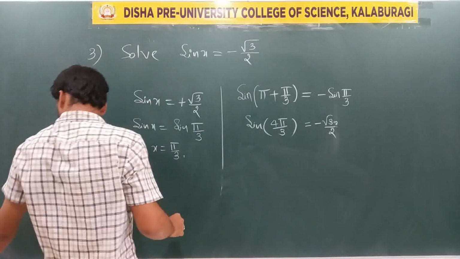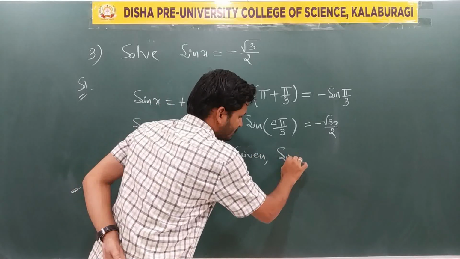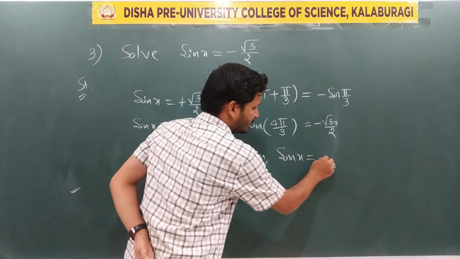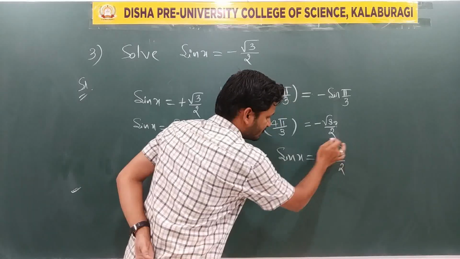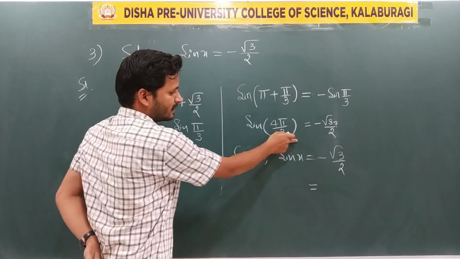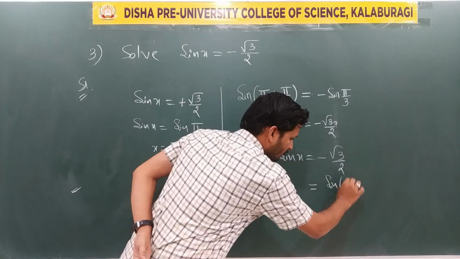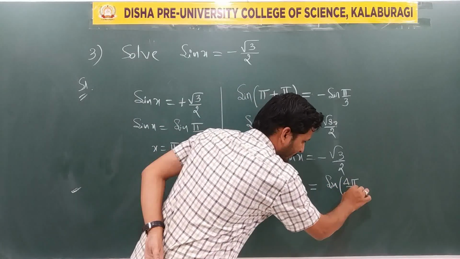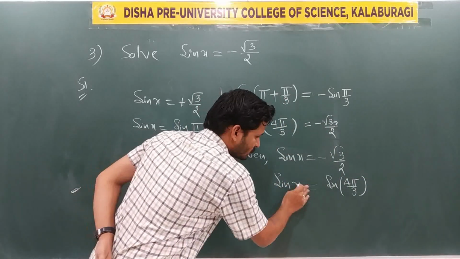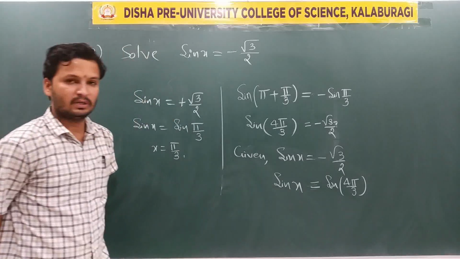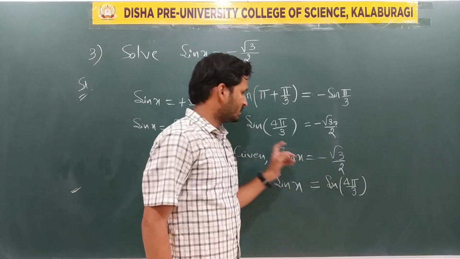So the given equation, sin x equals minus root 3 by 2, can be written by replacing minus root 3 by 2 with sin of 4 pi by 3. So sin x equals sin of 4 pi by 3, because minus root 3 by 2 is sin of 4 pi by 3.